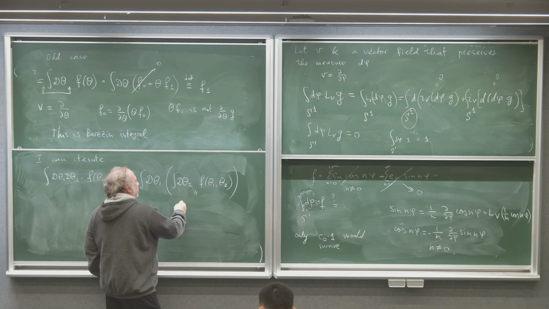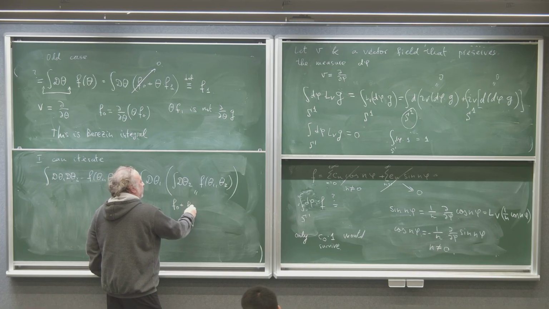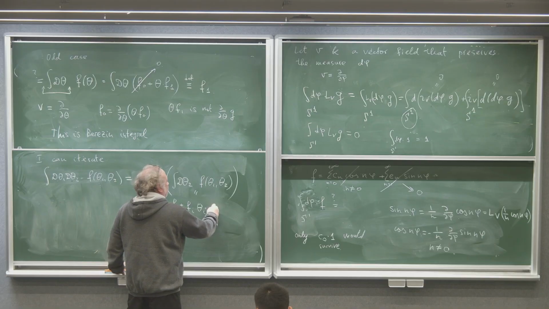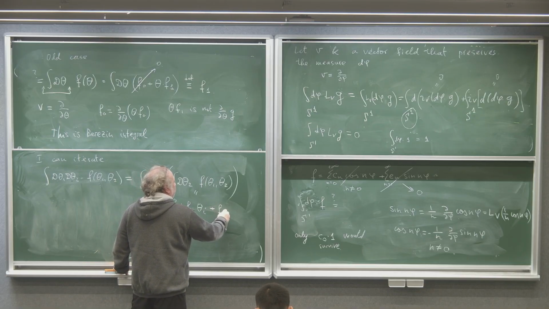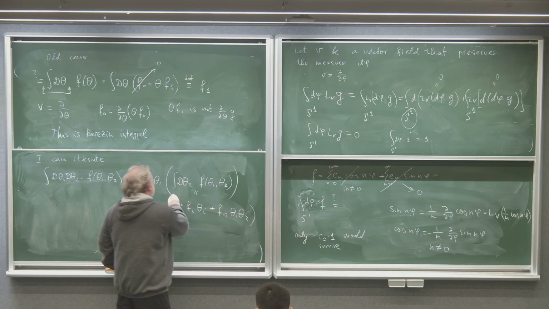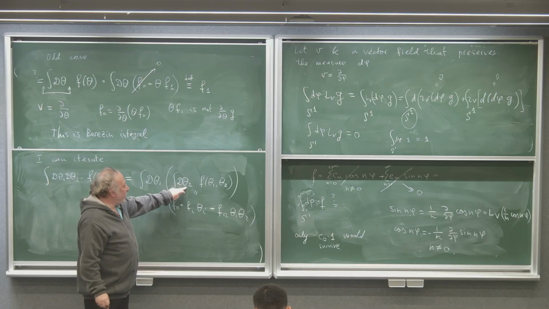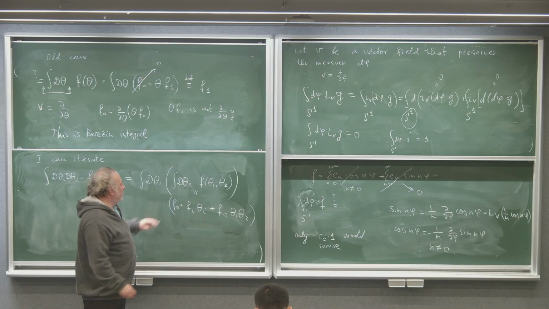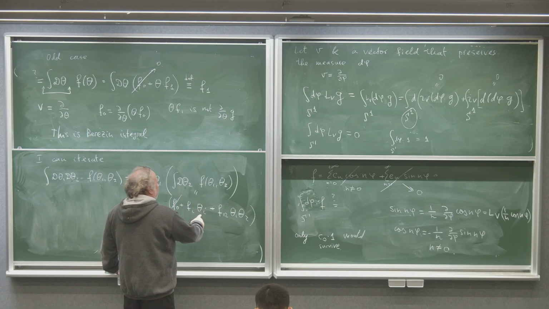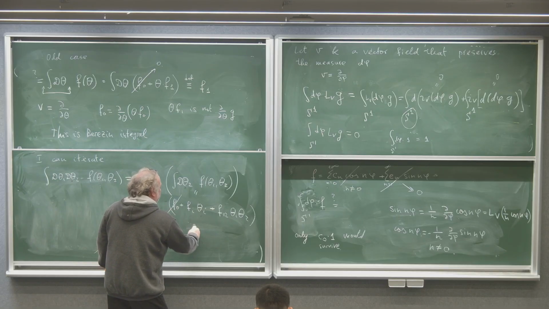So I may expand here: f naught plus f_i theta_i plus f_{1,2} theta_1 theta_2. When I take the integral over theta 2, this term goes away. From this term, I will get f_2.